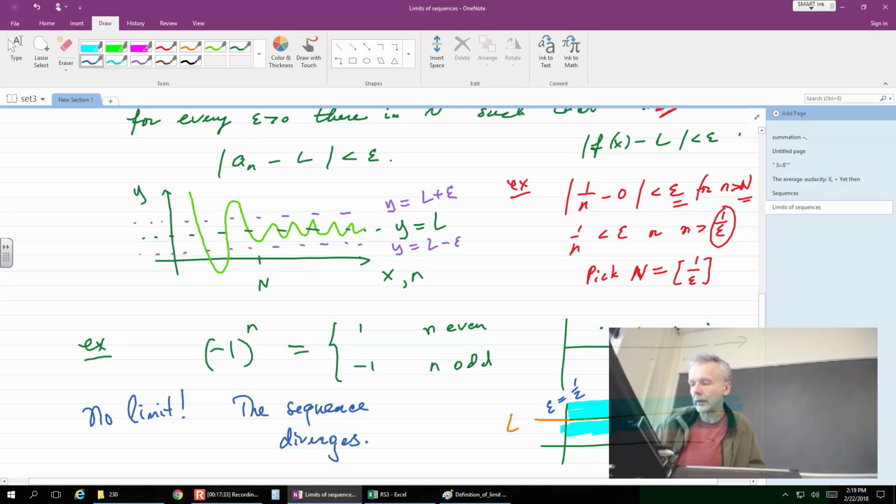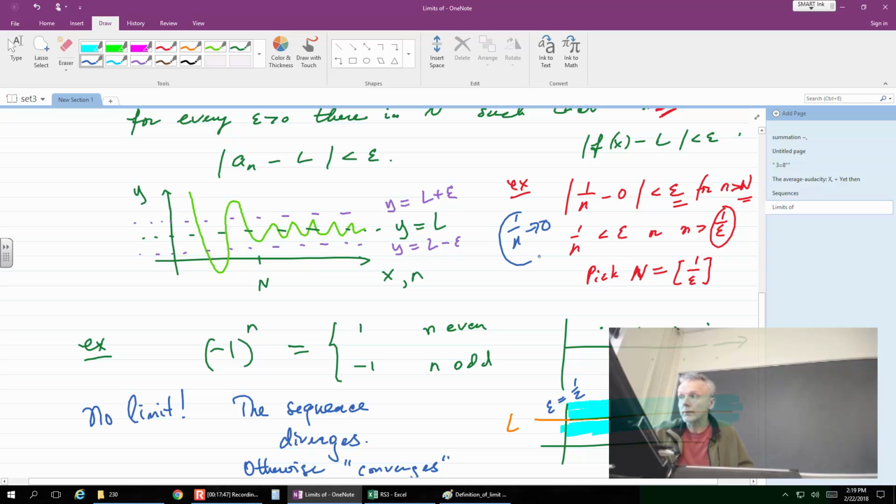Otherwise, we say it converges. So for example, 1 over n converges to 0, but negative 1 to the n diverges.